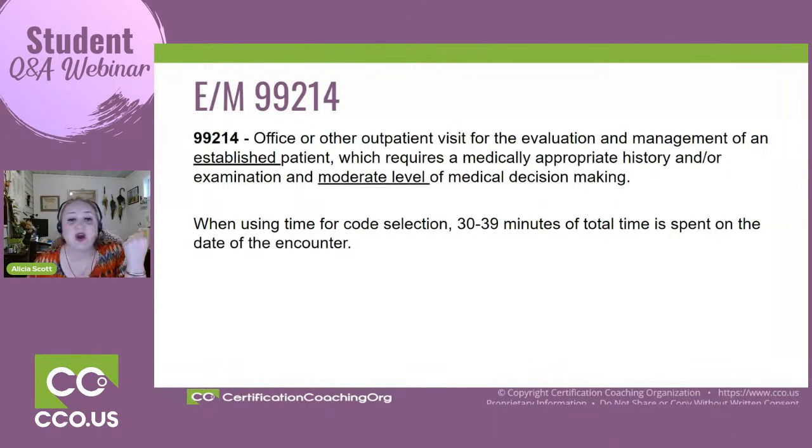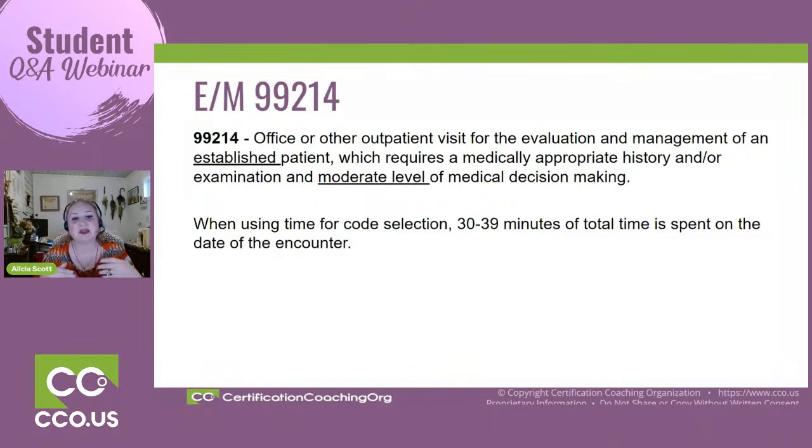Now we have to understand what is the difference between low and moderate. And they're so similar that that's why it gets confusing. Not just for new students and people new to the E&M code set, but also for us that are out there doing this every day, sometimes we'll sit there and think and debate. You'll hear the chatter and you'll see in the forums, hey, this scenario came up, but is it a 3 or 4, or can I get a 5 out of that?